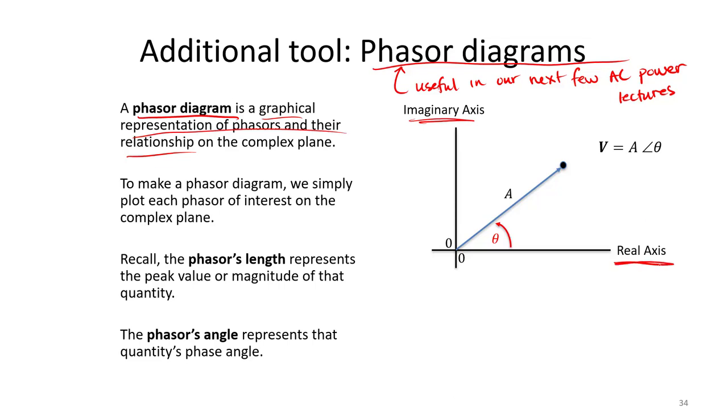To make a phasor diagram, we just have to plot each phasor of interest on the complex plane. Typically, we consider each phasor of interest in polar form, but you can also use rectangular form if you prefer. You basically draw the phasor such that the length represents the magnitude of that phasor, and the angle relative to our real axis is our phase angle.